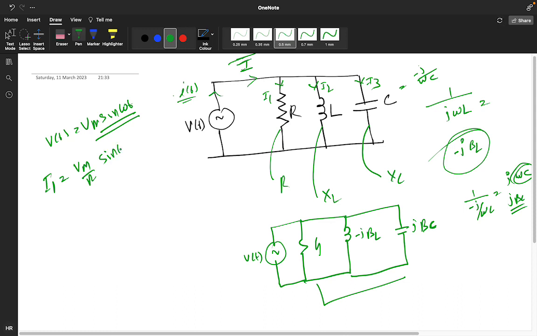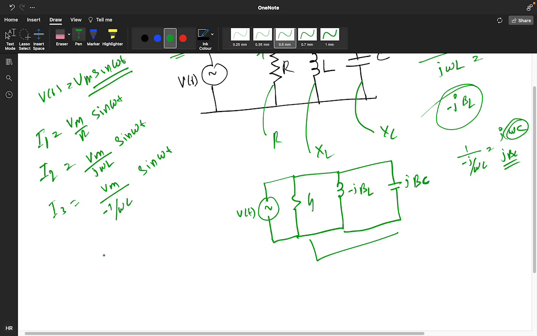So sine omega t. What is your I2 value? Vm divided by j omega L sine omega t. And what is your I3 value? Vm divided by minus j by omega C sine omega t.